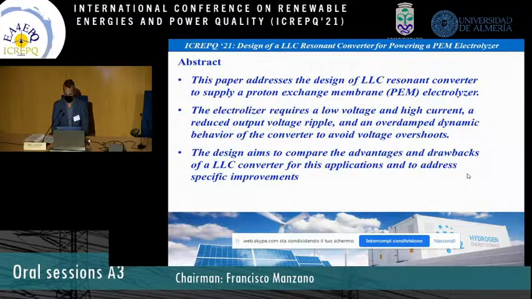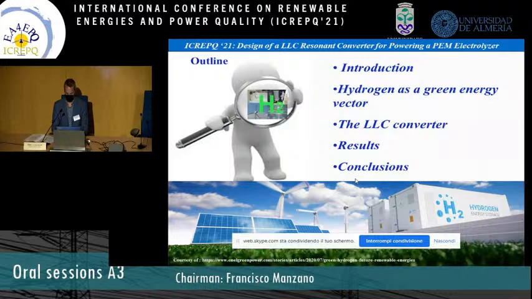The electrolyzer requires a low voltage and high current, reduced output voltage ripple, and good dynamic behavior of the converter, so as to avoid voltage overshoots. The design aims to compare the advantages and drawbacks of the LLC converter for this application and to address specific improvements.